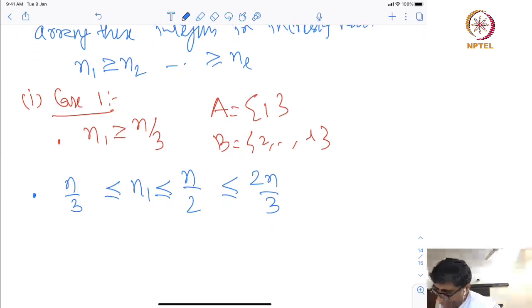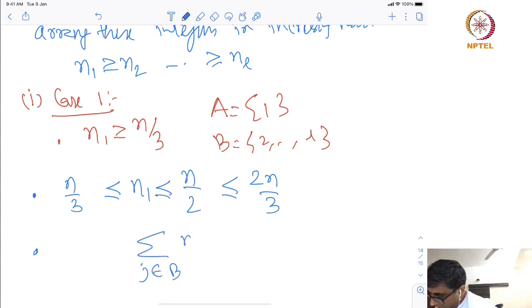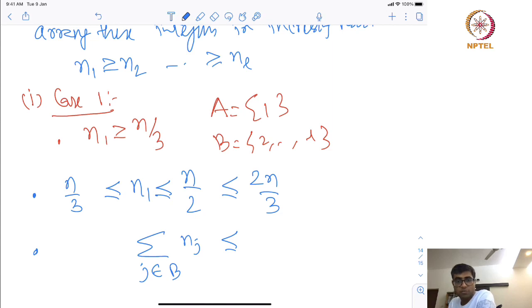Now, look at B. The summation over j in B of nj is at most n minus n1, and because n1 is at least n over 3, this is at most 2n over 3.